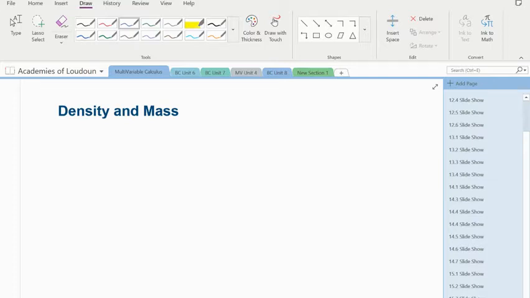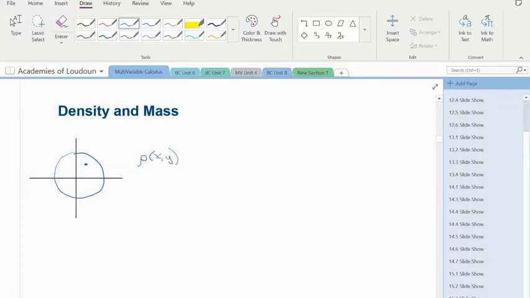So suppose that a lamina, or a plate, for lack of a better description, occupies a region D in the xy plane, and we're just going to define it as a circle. And its density in units of mass per unit area at a point x, y in this region is given by rho of x, y, where rho is a continuous function on that region.